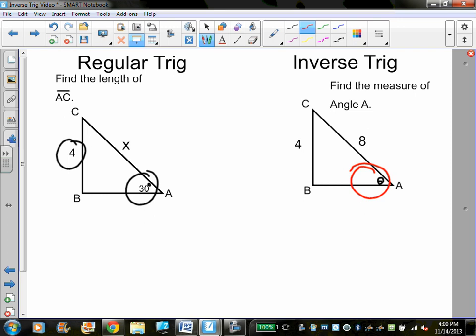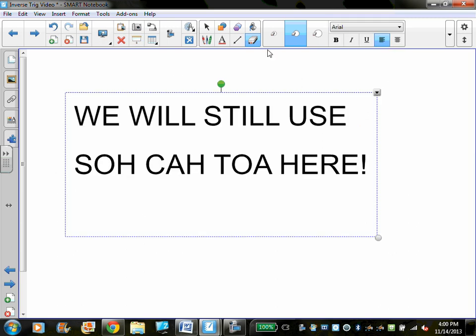Another change is that in order to solve an inverse trig problem, we're going to need to know two side lengths. So in this case, we have the 4 and we have the 8. Those are the big differences between regular trig problems and inverse trig problems. When we're solving these questions, we're still going to use SOHCAHTOA. It's going to be important in helping us solve these.